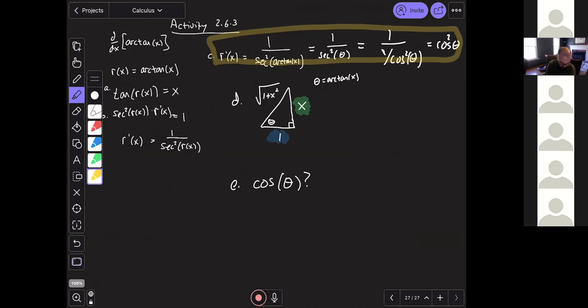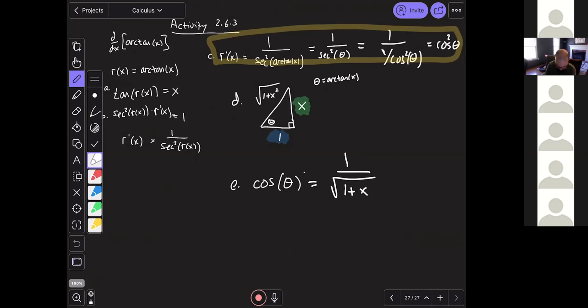Cosine is adjacent over hypotenuse. That's right. So we're going to go ahead and erase this. Cosine of theta is 1 over the square root of 1 plus x squared. In terms of trigonometry, this is my adjacent side divided by my hypotenuse. So you've got a SOHCAHTOA thing going on here.